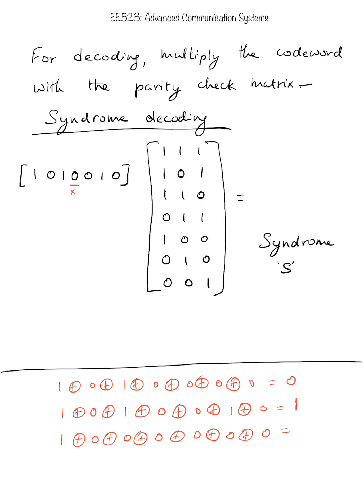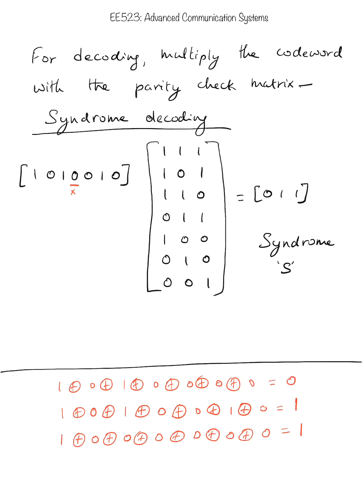If you add all of them it's only 1. So 1 modulo 2 is 1. So we get the syndrome as 0 1 1, right? The syndrome that we get here is 0 1 1.